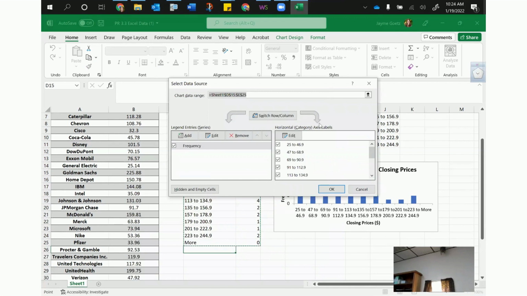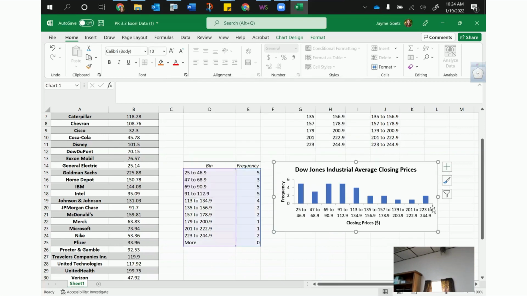Now change nothing with this box, except over here, there's a little scrolly bar, scroll it all the way to the bottom. And you see where it says "more"? Uncheck that box. I don't want it. It's gross. Then you're going to hit OK. And it's gone.